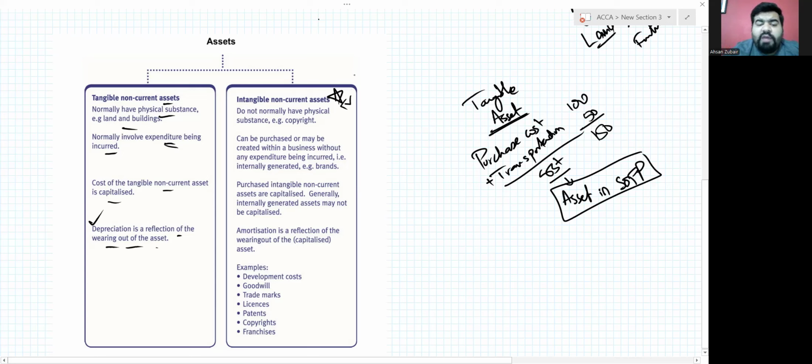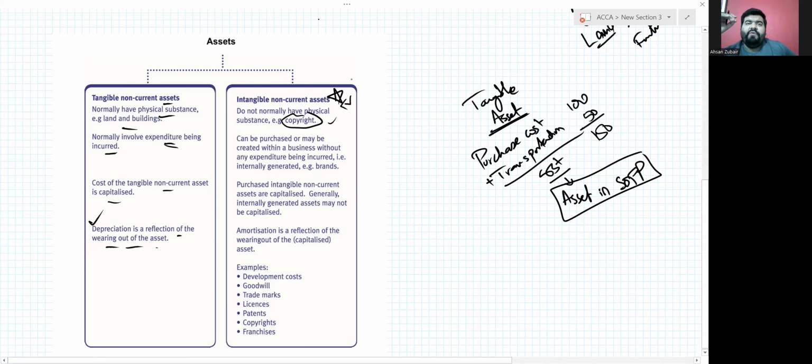Intangible assets do not normally have physical substance. For example, copyright. Suppose I have YouTube channels and a proper production team, so I will have the copyrights of my content. Copyright is something you have control over today, and in future it will create cash for you.